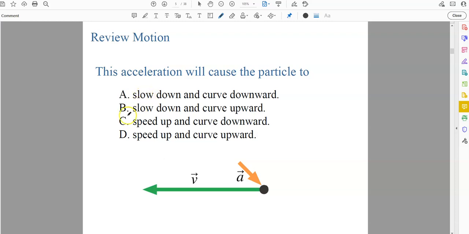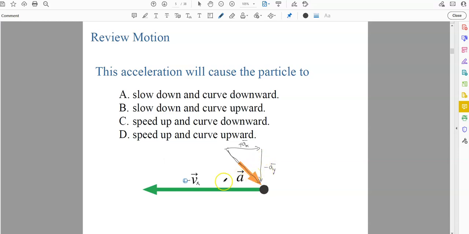Okay, well, again, this one has a negative x direction velocity vector, and now we have an acceleration vector again that is pointing down and to the right. That means it's going to have a positive acceleration in the positive x direction, but again, it's still going to have a negative acceleration vector in the y direction as in the last one.